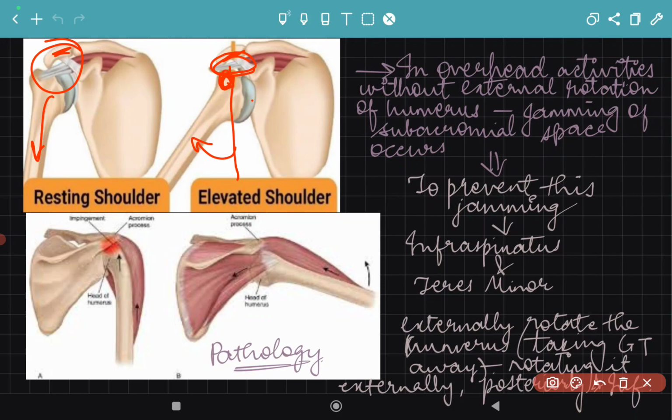as the supraspinatus tendon. So that means in overhead activities, if we do it without external rotation of the humerus, there will be a tendency of the greater tubercle and the acromion process to come close together and cause narrowing of space for the subacromial bursa as well as the supraspinatus tendon, which is seen in an elevated shoulder.